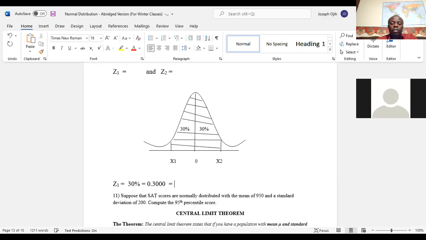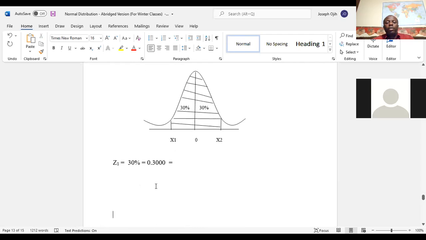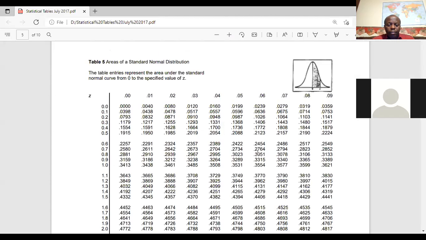Now let's look for this on the table. What number corresponds to 0.3000? So we have 0.3051, another 0.2995, then we have 0.3023. These are the numbers close to 0.3000.